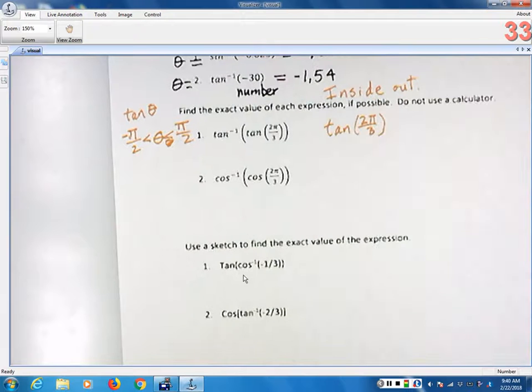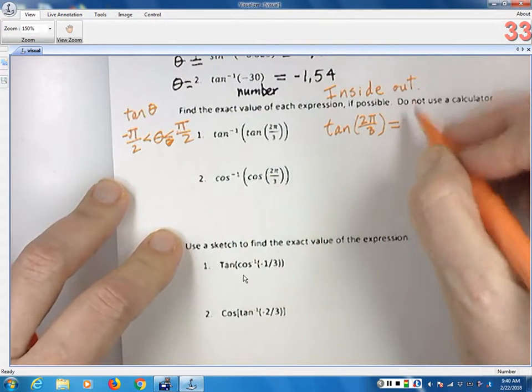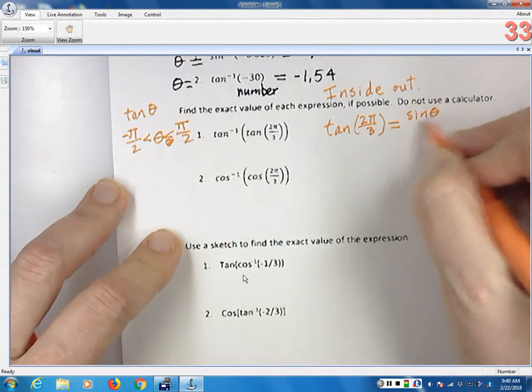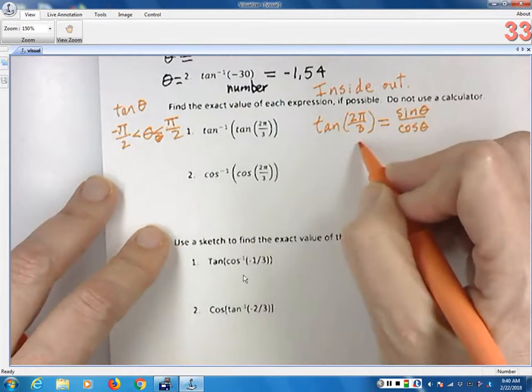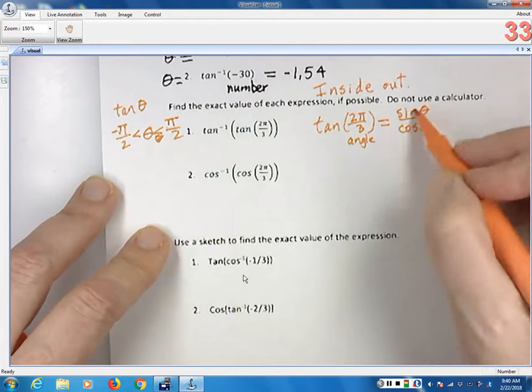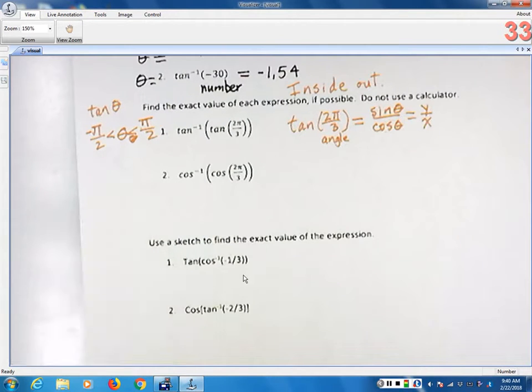We're going to find that by saying tangent is sine over cosine. So this is an angle. We've got sine over cosine, which is y/x, right? So we look at our unit circle at 2pi/3.